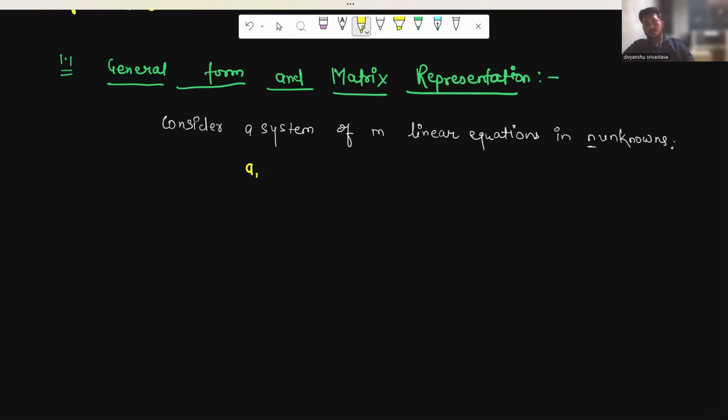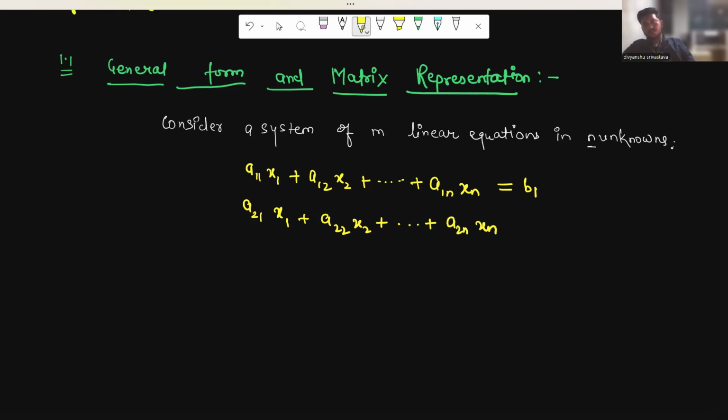So write like this: a11 x1 plus a12 x2 up to a1n xn is equal to b1. Similarly for the second, a21 x1 plus a22 x2 up to a2n xn is equal to b2.